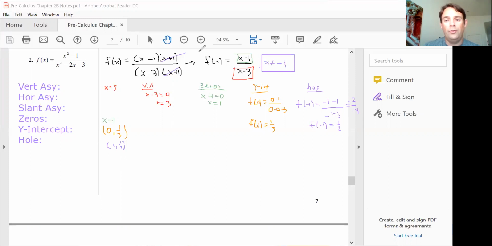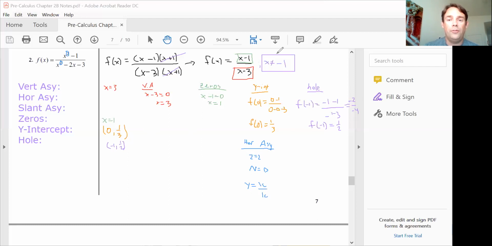So it brings us to our degrees. Do we have a horizontal asymptote or do we have a slant asymptote? So for my horizontal asymptote, I have degree 2 over degree 2. That means my numerator degree equals my denominator degree, so my horizontal asymptote is going to be the leading coefficient divided by the leading coefficient.